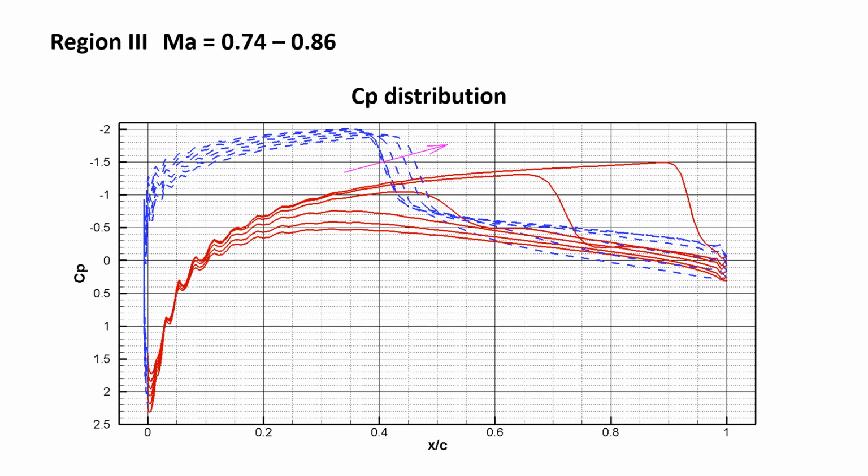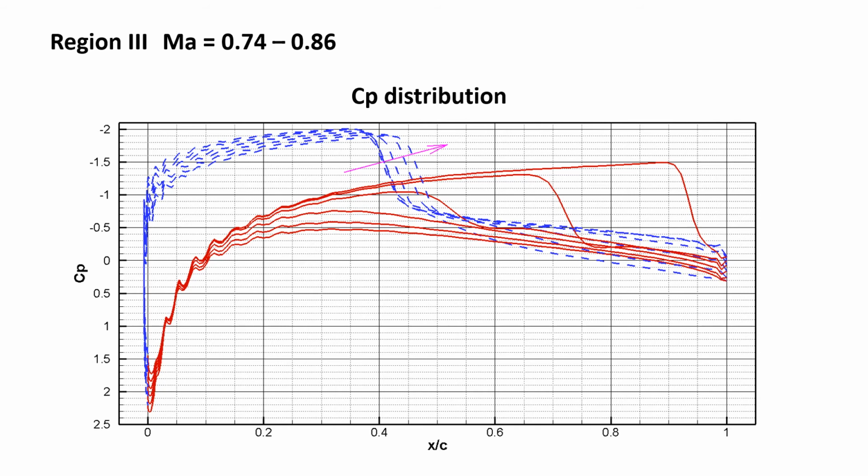But if we look at the lower surface CP, there is a very big change because of the production of a shock wave on the lower surface, and we can see these red curves. When the Mach number becomes larger, there is this region which is beyond the blue curve, and this extruded region will contribute to negative lift.